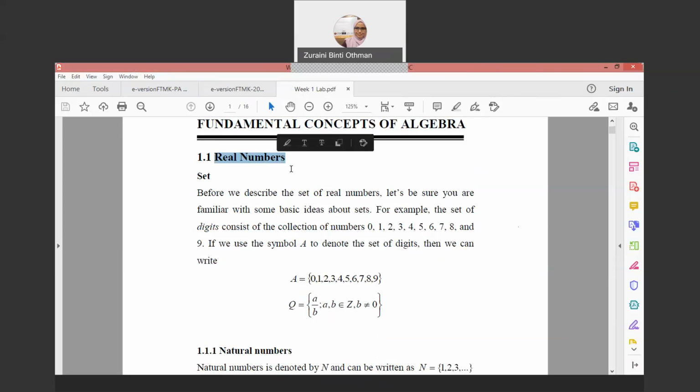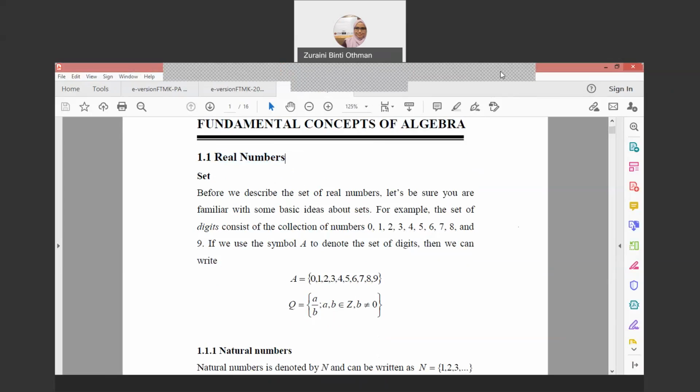We call it imaginary number. Selalu kita nampak dalam pembelajaran negative number, positive number, and rational, irrational number is all about real number. Actually, there is imaginary number.